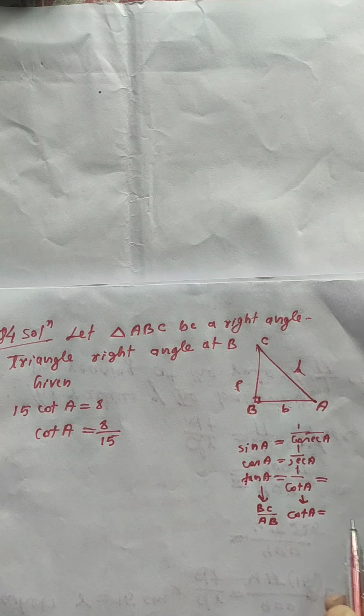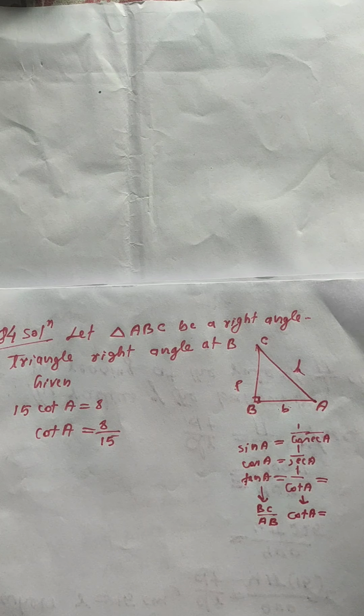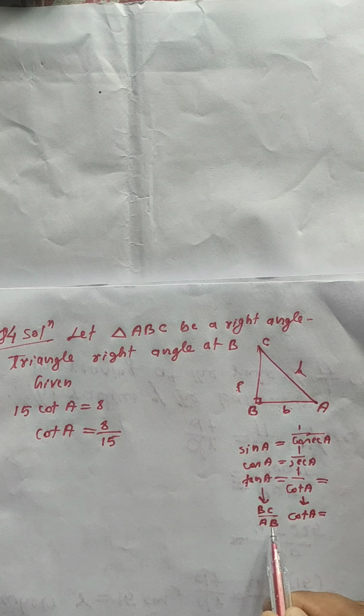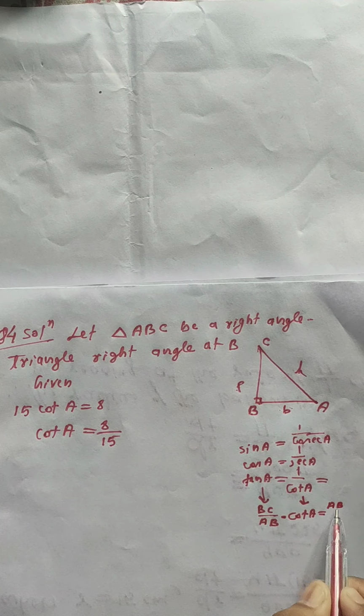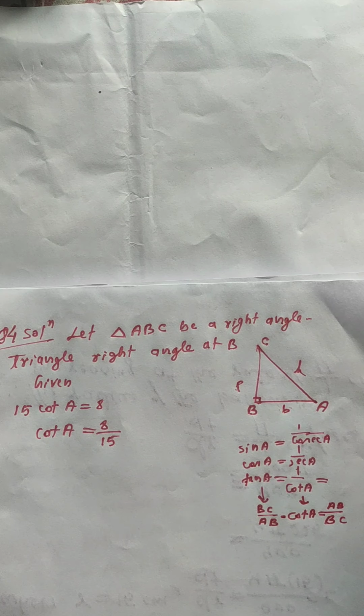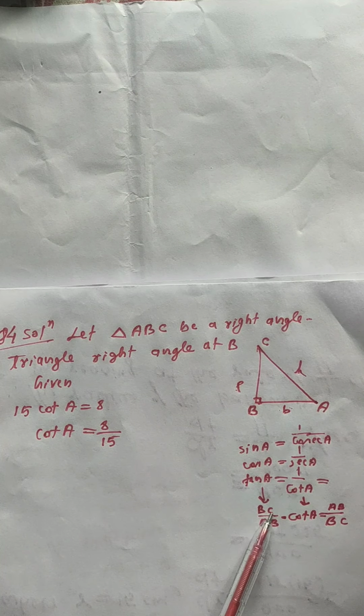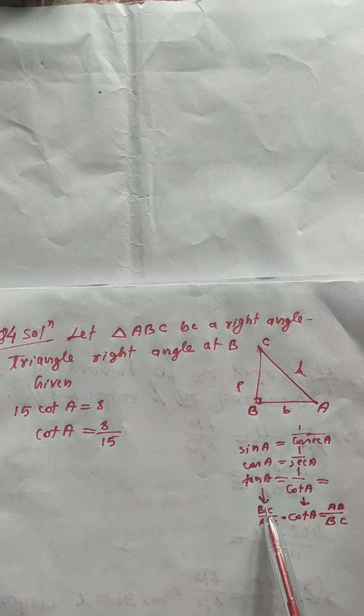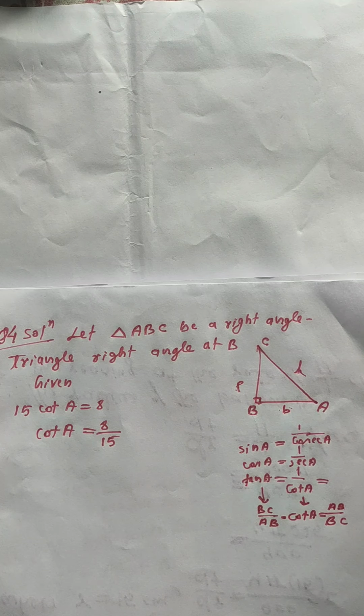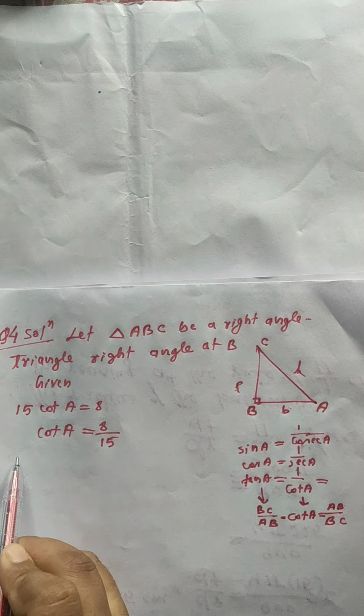Now what is the value of cot A? For cot A, you just reverse these two sides. It must be AB by BC. Understood, all of you? If tan A is BC by AB, then cot A is AB by BC, the reverse of tan A. Now what can we write here?